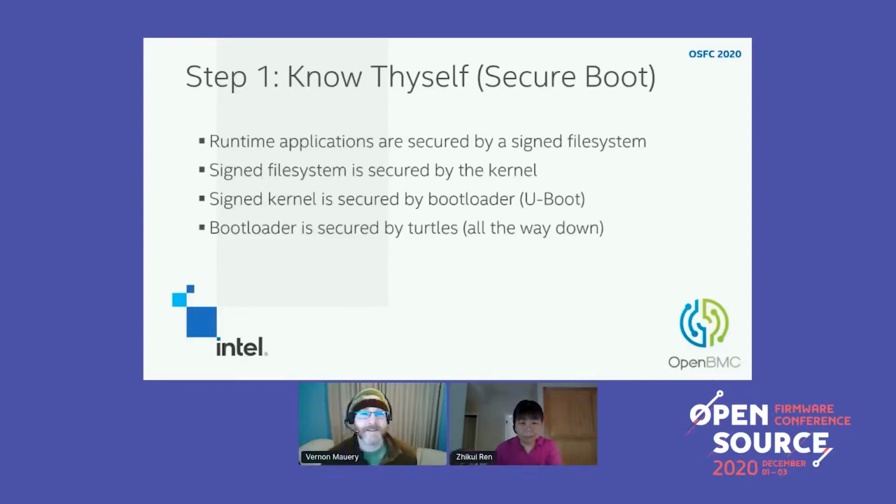So it's kind of like turtles all the way down, this chain of trust. And chains of trust are really only as good as the weakest link. So we want to be able to make sure that there is a point of trust, a root of trust at the beginning here.